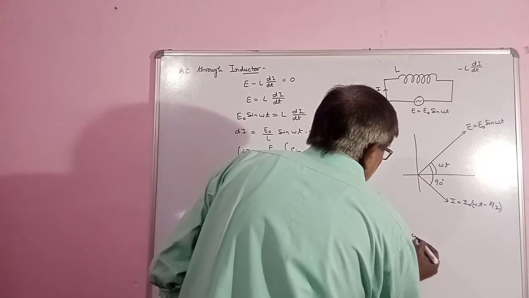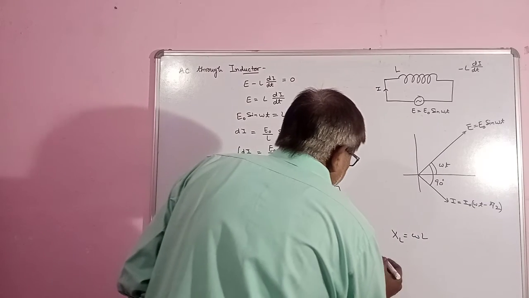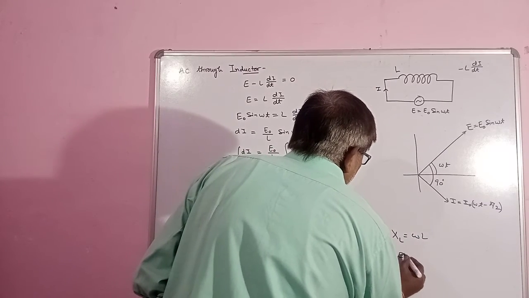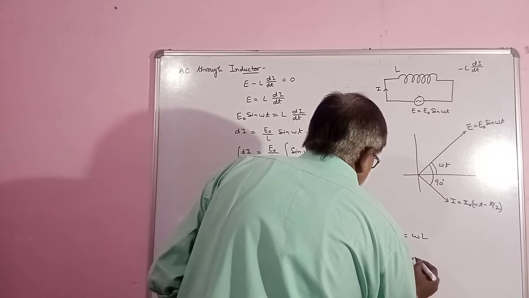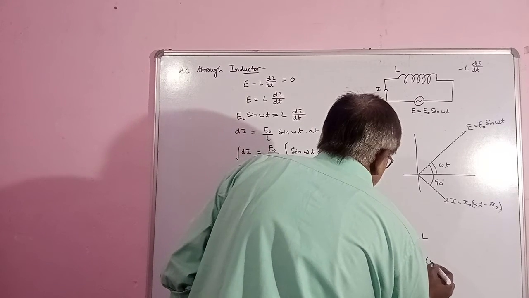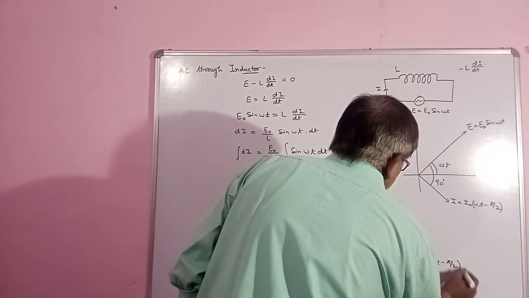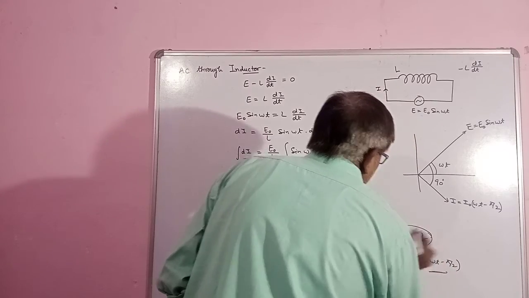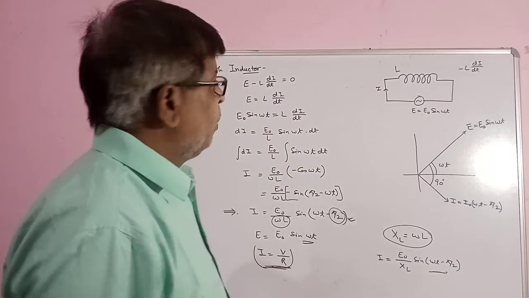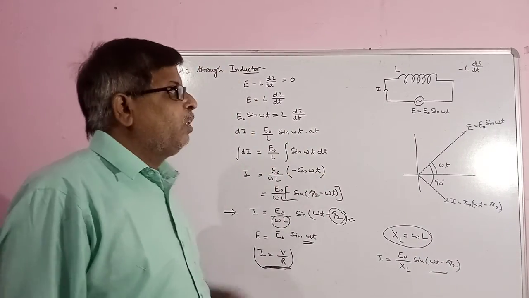XL equal to omega L, or we can write I equal to E naught upon XL sin omega t minus pi by 2. So this is AC through inductor.